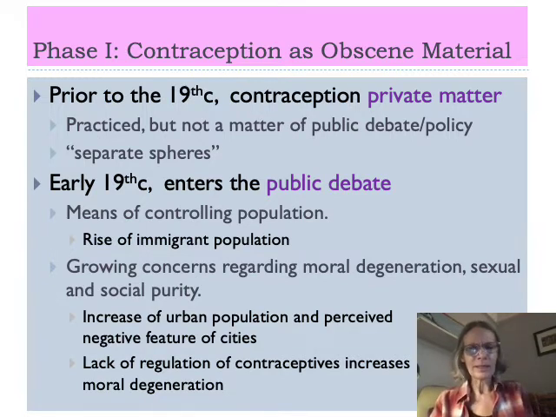He walked around the streets of New York, and he saw a lot of prostitution and a lot of lewdness, and he was like, man, we have this prostitution and lewdness because people get information about contraceptives, and contraceptives are about learning about sex, and that's degrading the moral fabric of the United States, and therefore we should do something about it. So the lack of regulation of contraceptives increases moral degeneration, and action must be taken.